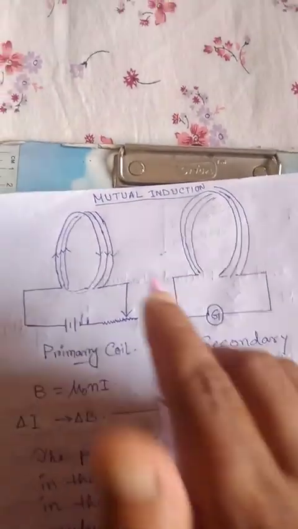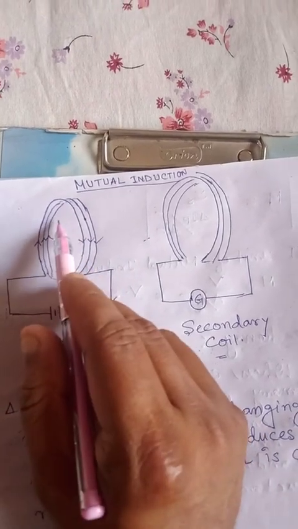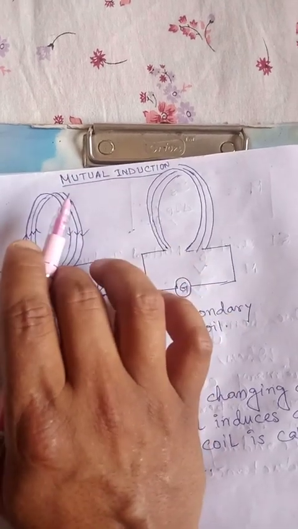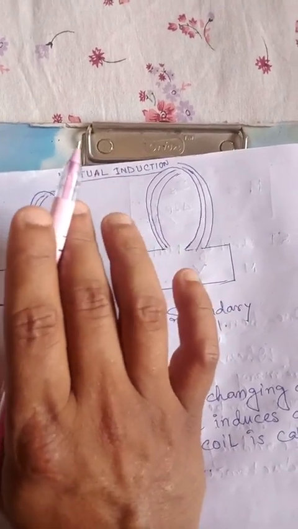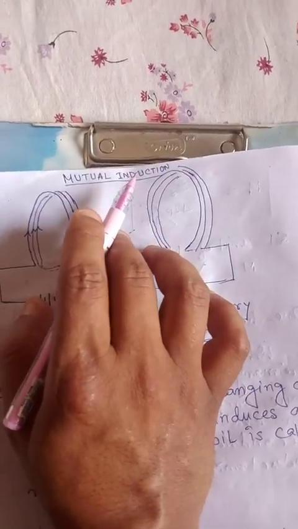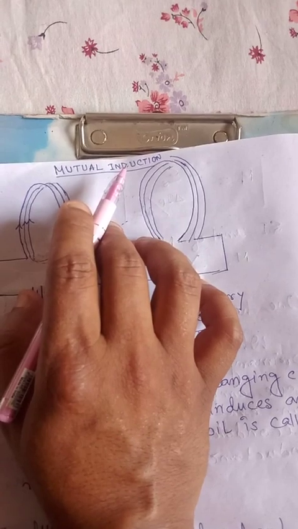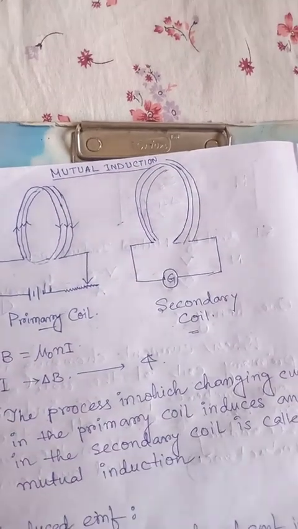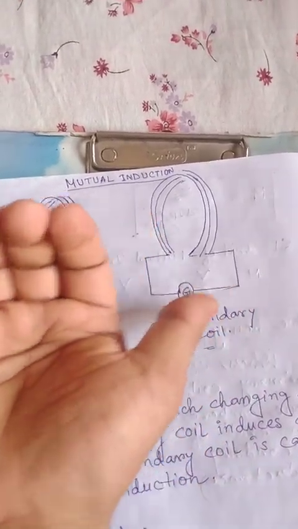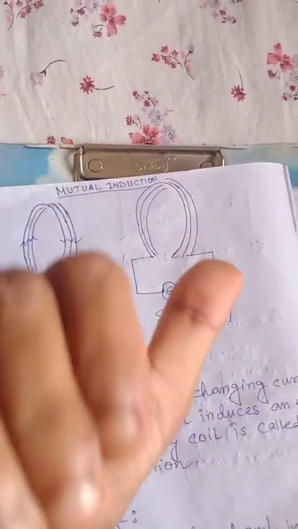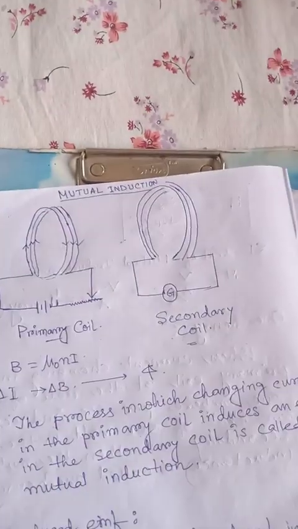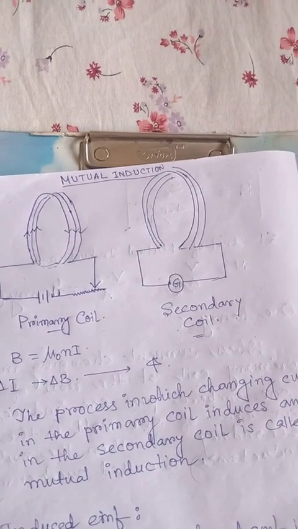So due to the current carrying conductor, a magnetic field is created around itself, and using Oersted's law and Fleming's left hand rule, or otherwise the right hand thumb rule, the current is flowing in that direction, and your thumb is showing the north pole of the induced magnetic field.